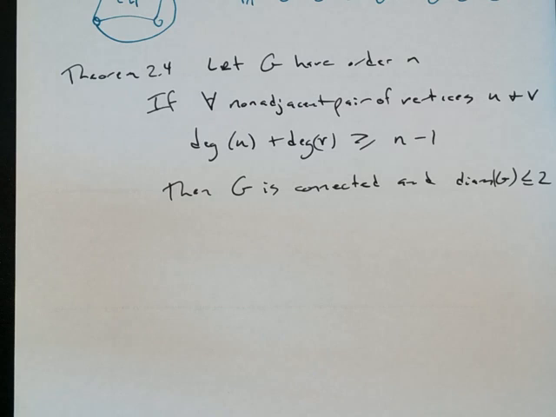I'm excluding x and I'm excluding y. How many vertices are left in my graph? N minus 2. That means there's got to be at least 1 vertex I counted when I touched it from x, and I counted when I touched it from y. I don't know what vertex that is, but there's a path of length 2, isn't there? That means that the diameter can never be bigger than 2.